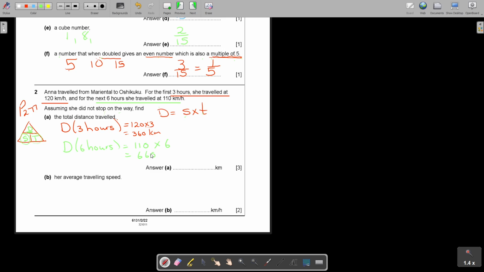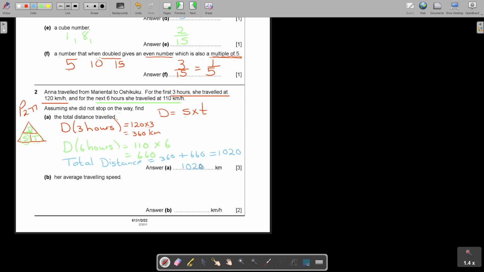So I'm ending the question by saying total distance is equal to 360 plus 660, and that is 1020, and that was the answer. And as I said, it's coming from grade 8, 9. I think it's not that difficult.